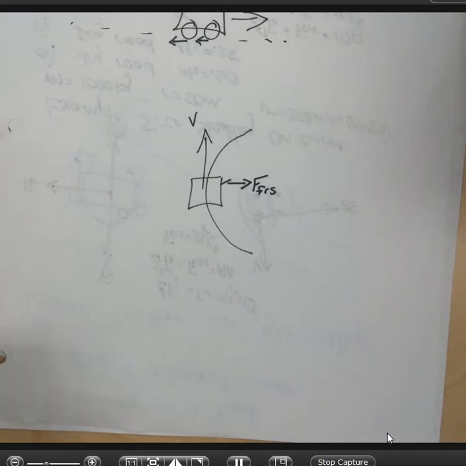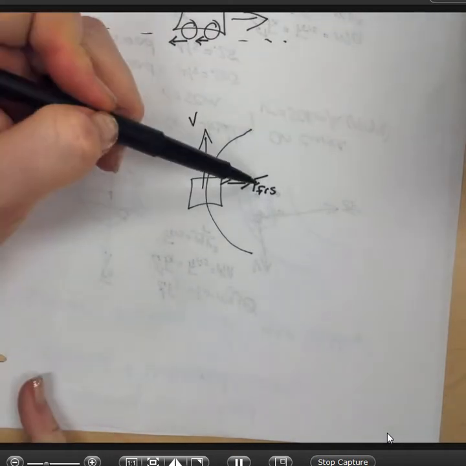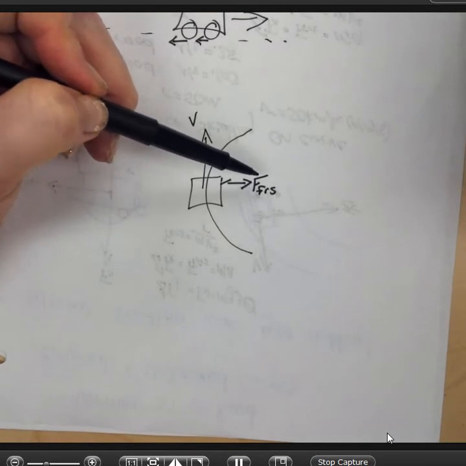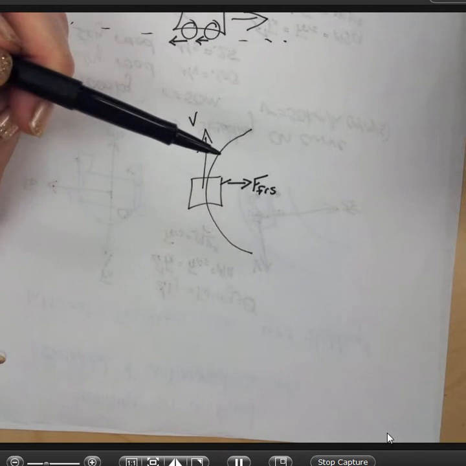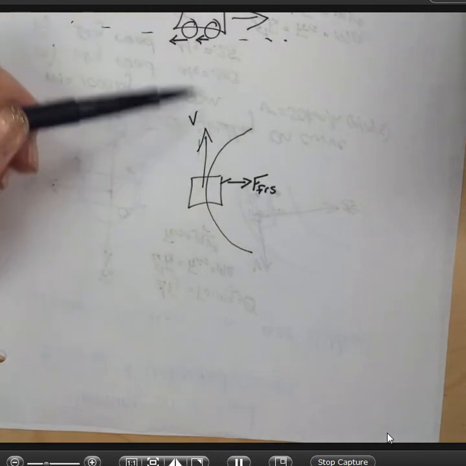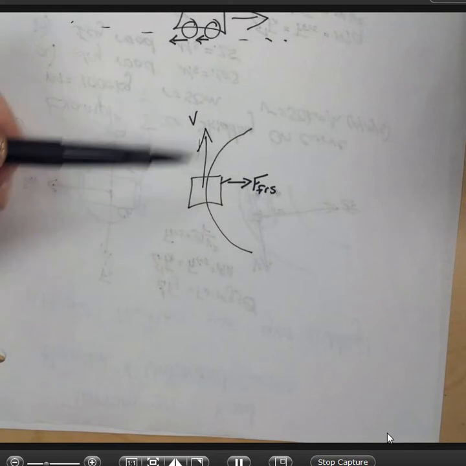However, if you exceed this maximum amount that can be provided by static friction, then you're going to get kinetic friction, and kinetic friction resists motion. Well, what direction is your motion? Your tangential velocity is straight, not along the path of the curve.